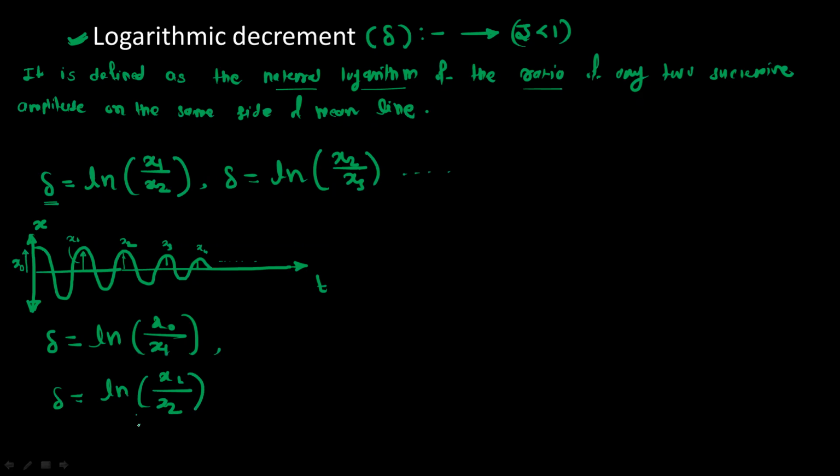Similarly, we can write this constant delta value for any two successive amplitudes on the same side. Now there is one relation between delta, the logarithmic decrement, and the damping ratio zeta. So we have to find out that relation.